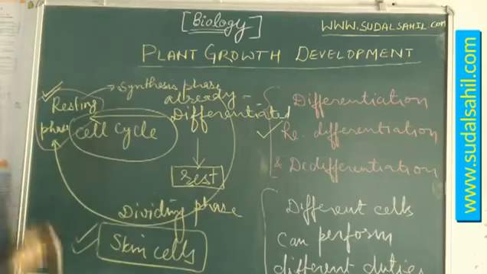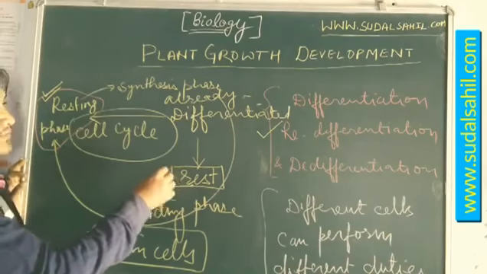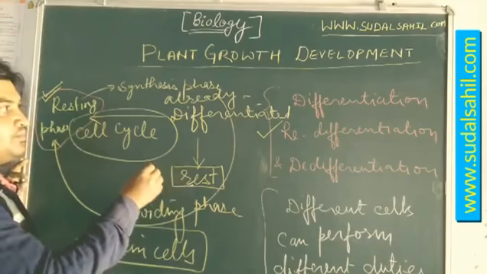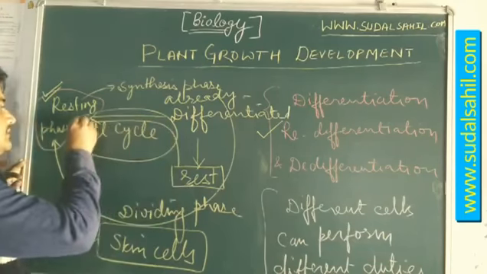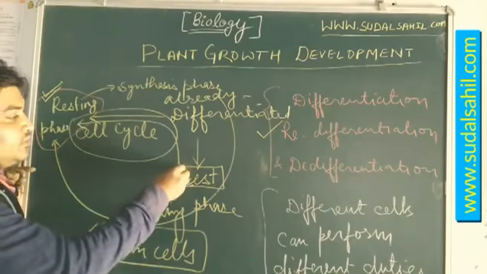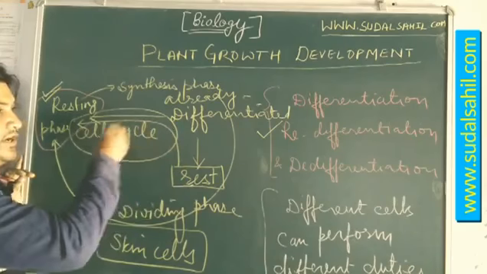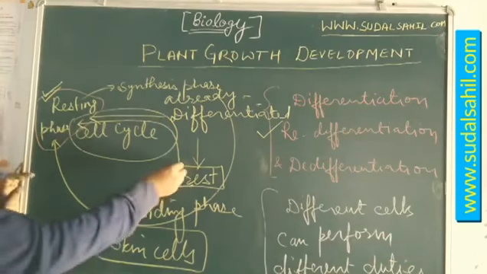Now what do we have to do? If you want to get some totipotent cells from these petiolar cells, we have to de-differentiate those cells into differentiable cells.